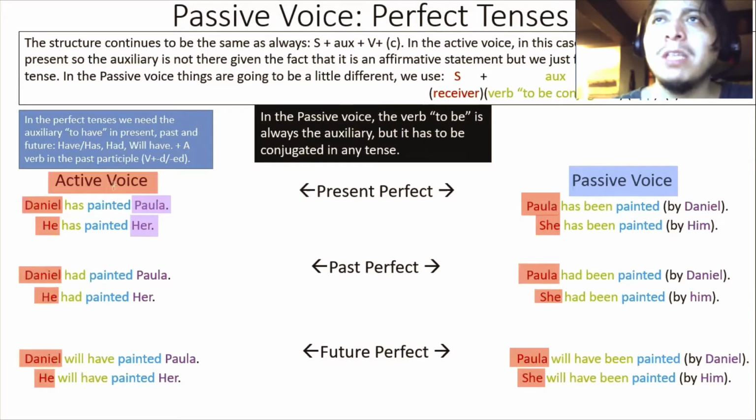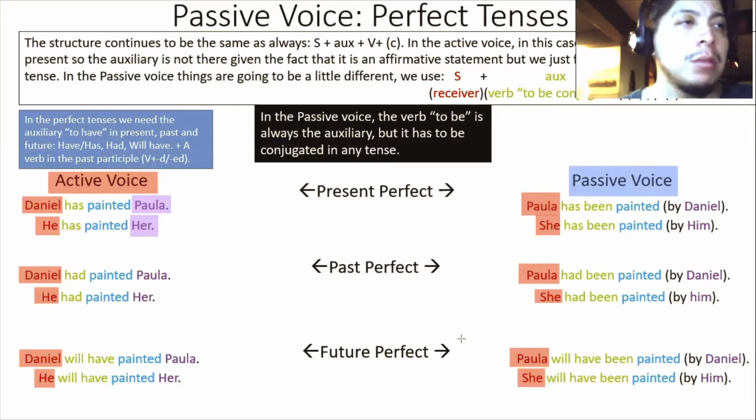Paula was receiving the paint. So when we replace her name, if we don't want to use her name, what we do is we replace her with an object pronoun. We need an object pronoun, okay? In this case, well, on the other hand, in the passive voice, Paula is the receiver of the action. Now she's the subject. If we replace her, we don't use her. We don't use her. We use she, okay?